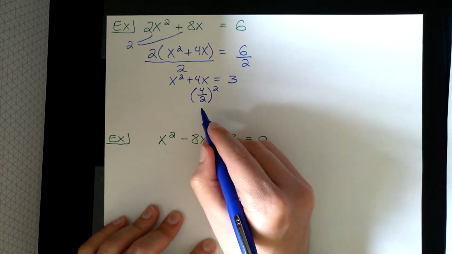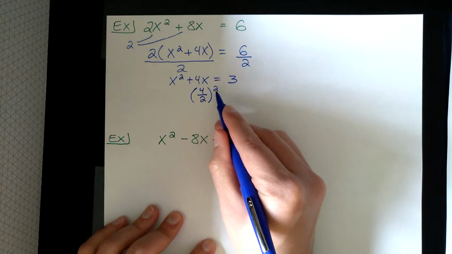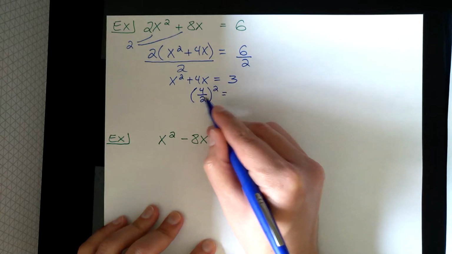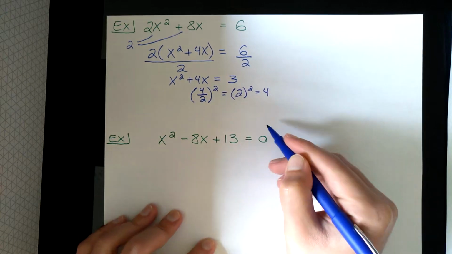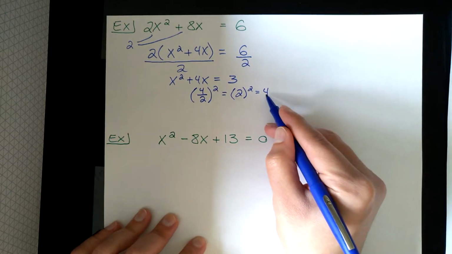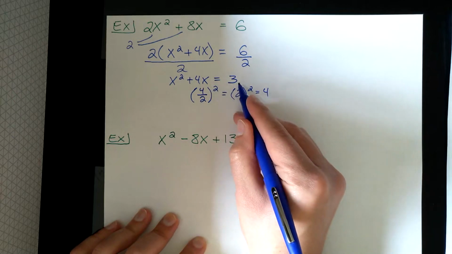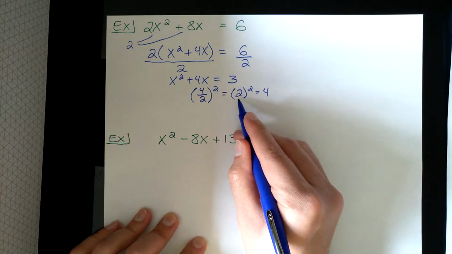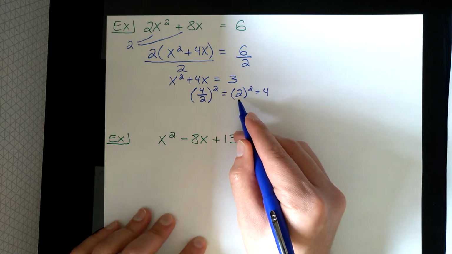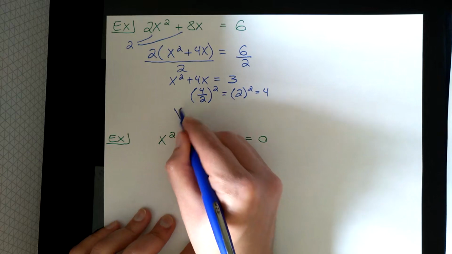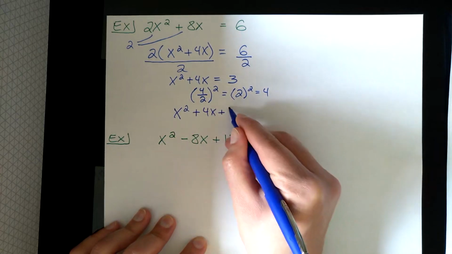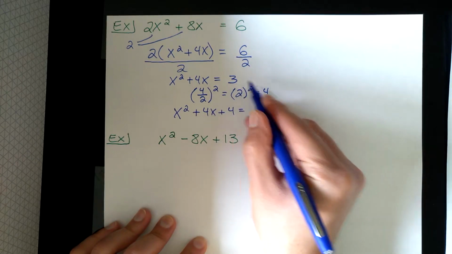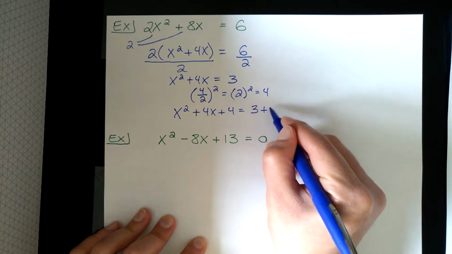This is always the pattern. Divide by 2, square the result. So that gives us 2 squared, which is 4. 4 is what we add to each side of the equation. 2 is what goes in the parentheses when we factor it. So we have x squared plus 4x plus 4 equals 3 plus 4.